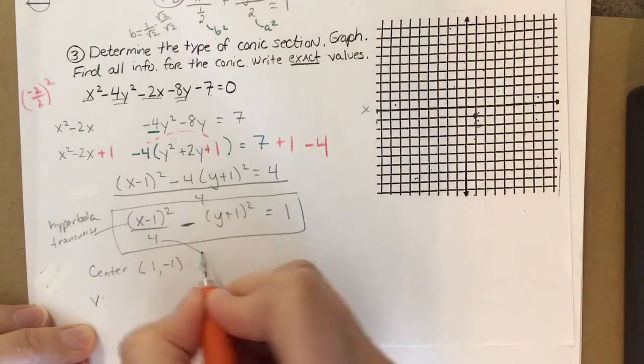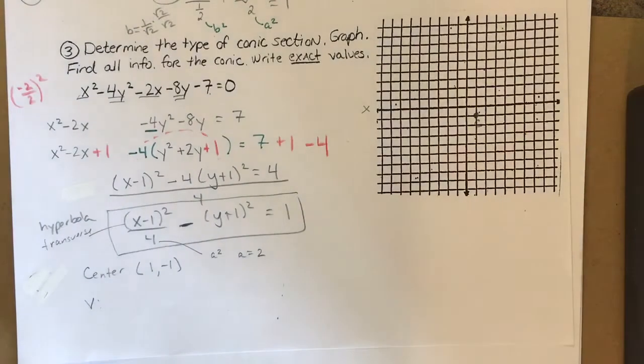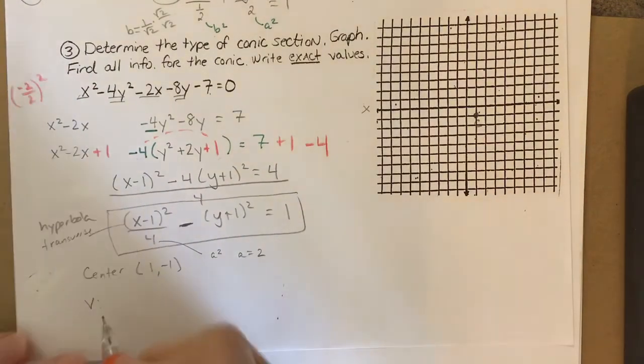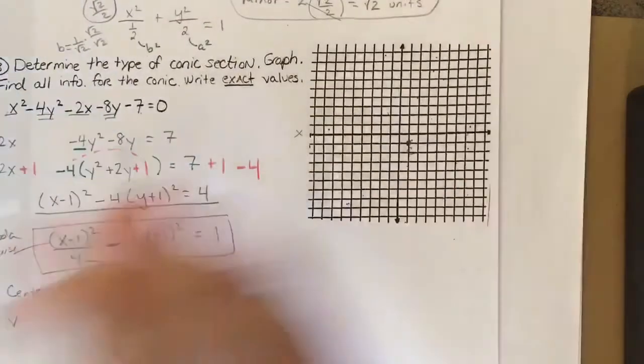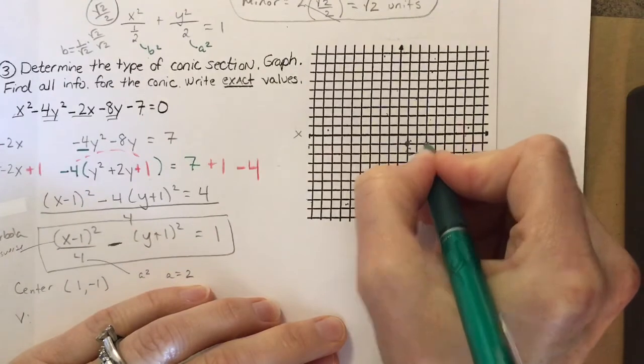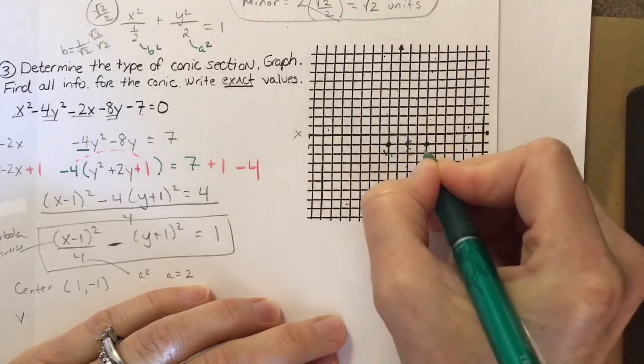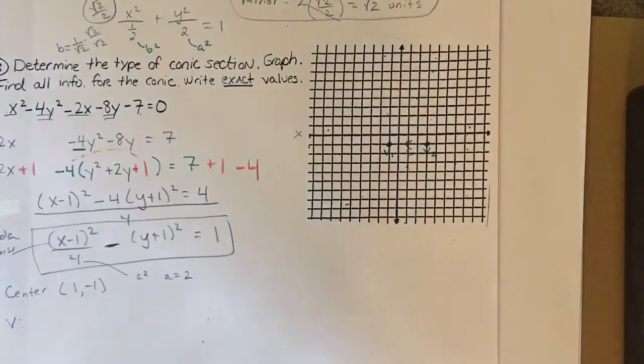Well, this is a squared, so a is 2. So where are my vertices? I go 2 to the right of the center, 2 to the left of the center, right? V1, V2. Here are my vertices.